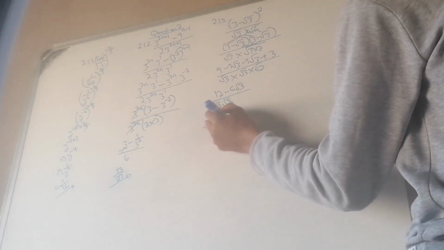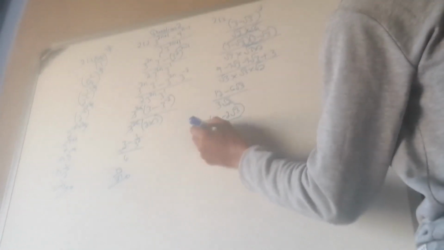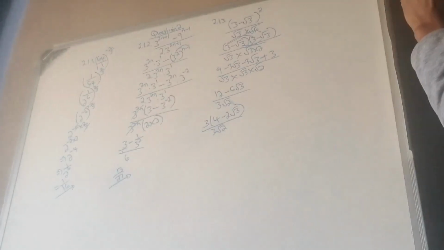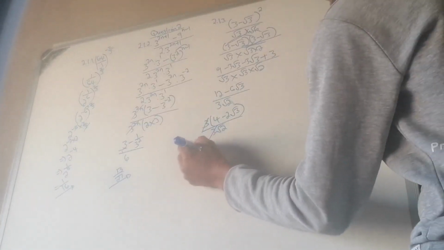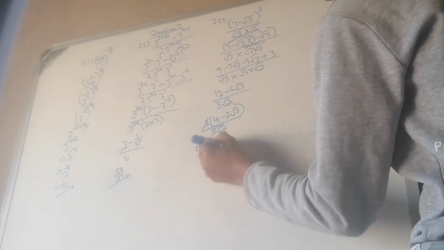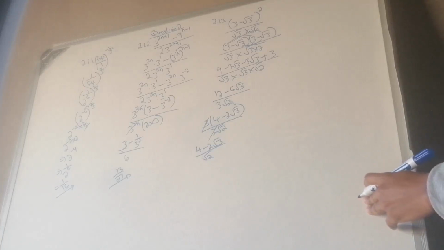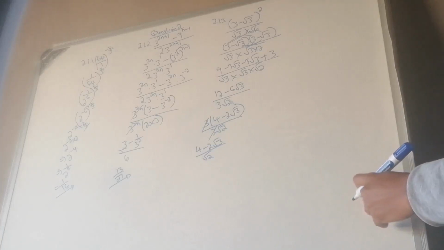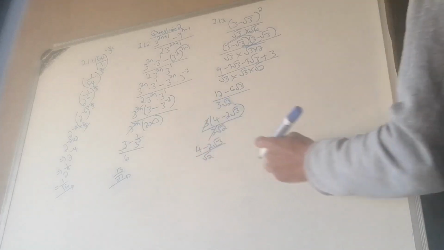This will be 4 minus 2 root 3, all over 3 root 2. So that this and this will go once. You will have 4 minus 2 root 3 all over root 2. And then from there, I can factor out 2 again. There's a common factor of 2 on top.